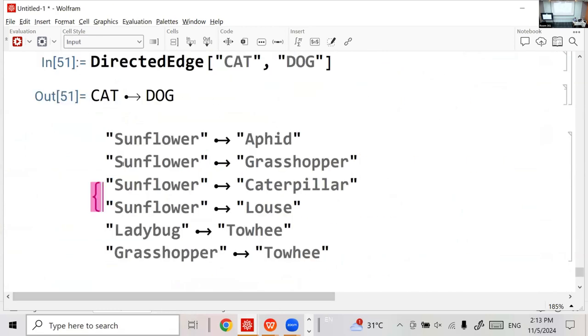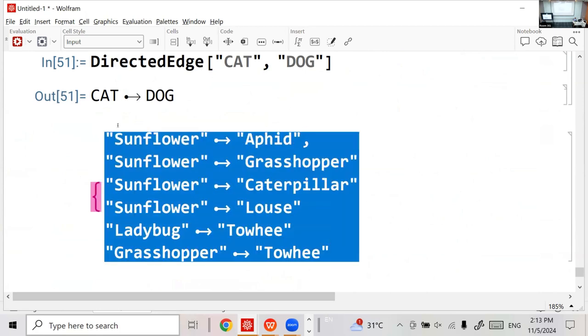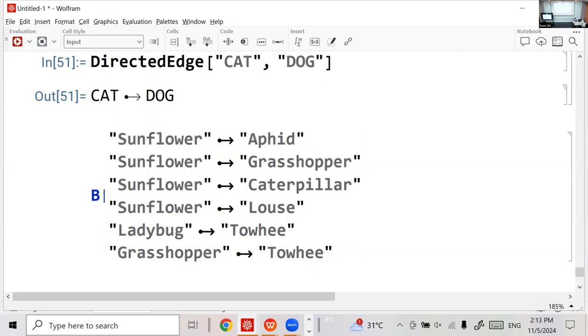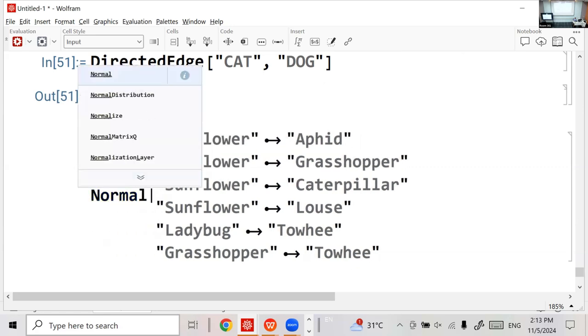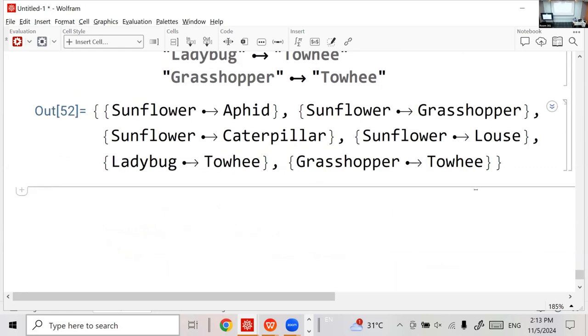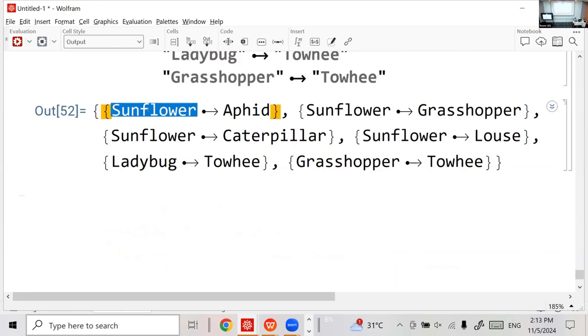I can start with the edge, comma. Hold on. This one is in a table. So I can start with the edges: sunflower points to aphid, sunflower.